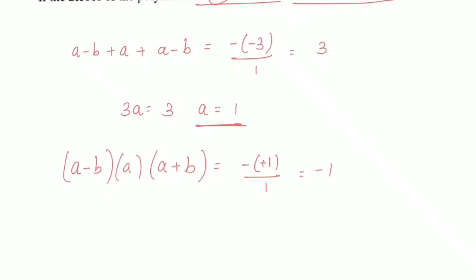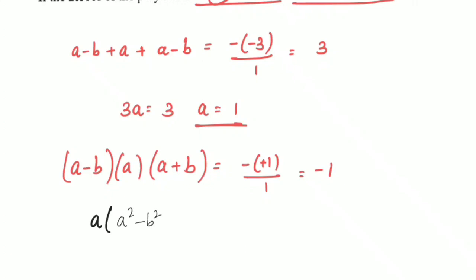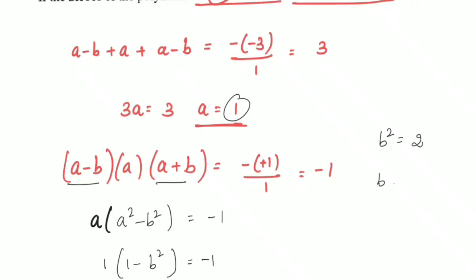Find the product here: a into a square minus b square, because a plus b into a minus b, which is equal to minus 1. We know the value of a, that's 1. Substitute here. 1 minus b square is equal to minus 1. Therefore you get b square is equal to 1 plus 1, 2. b is equal to plus or minus root of 2.